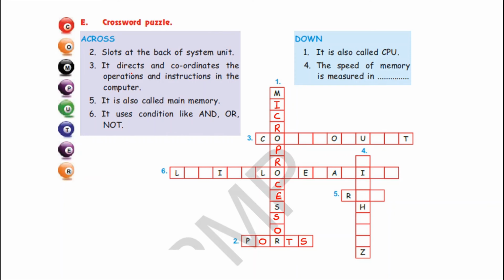It directs and coordinates the operations and instructions in the computer. The first letter given is C. The second letter given is O. The last letter given is T. Control unit. Yes, control unit. So for the words control unit, let's fill up the remaining letters.